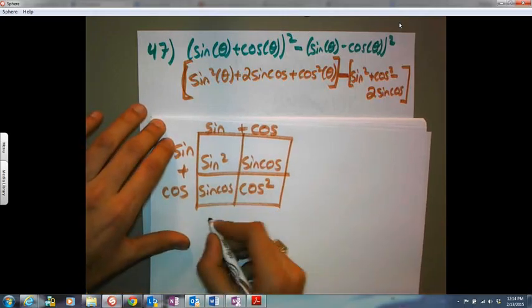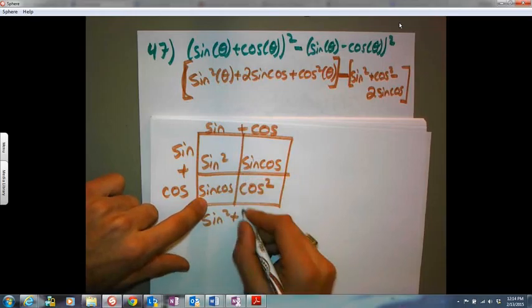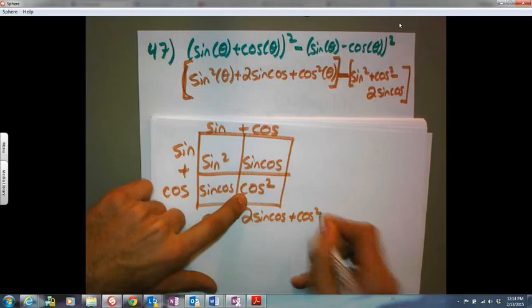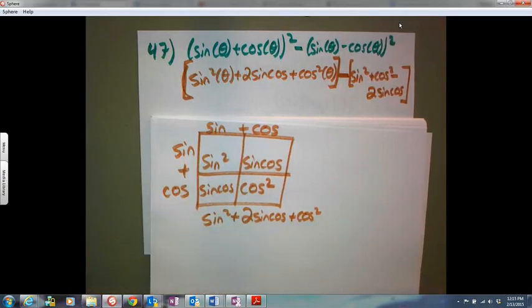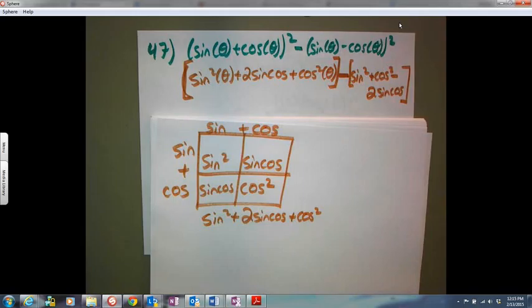We get sine squared plus 2 sine cos plus cos squared. Over here, box now on this side.